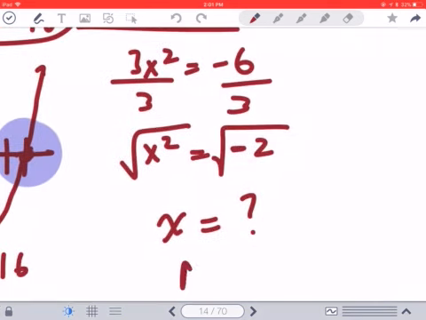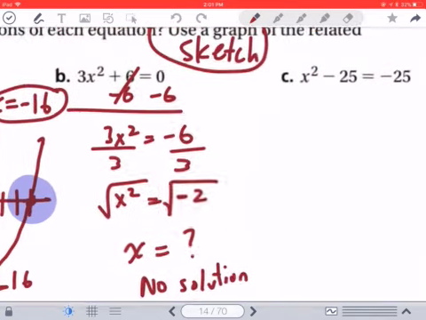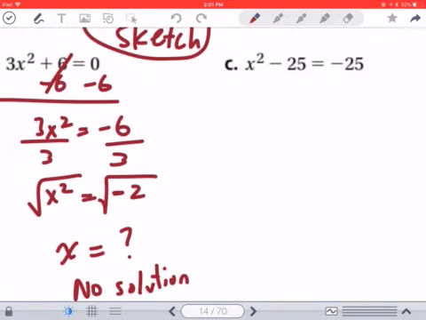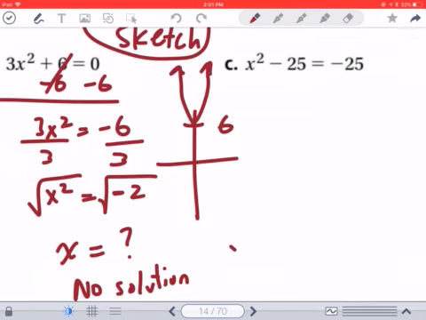This is going to be no solution. Okay, I can't take the square root of a negative number. And if I were to graph this and plug in some points, you would see that the graph here would start at 6 because the c value is 6, and it would just go up like this. Kind of a narrow graph.